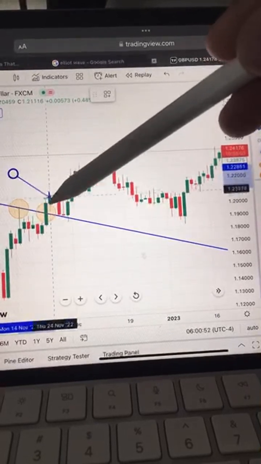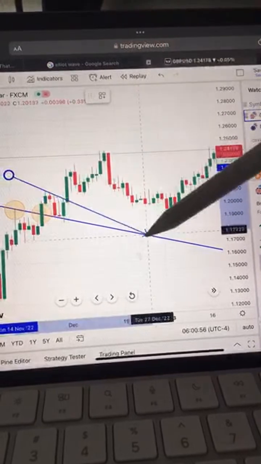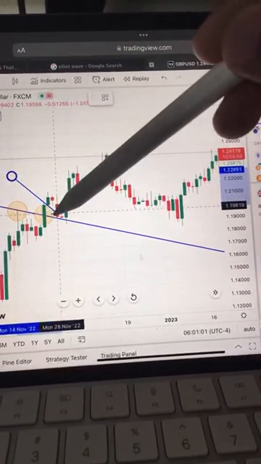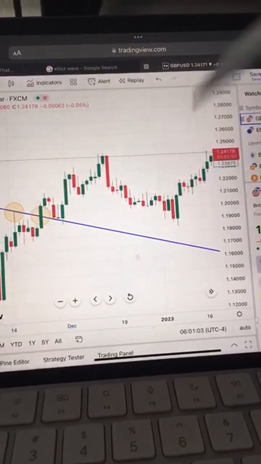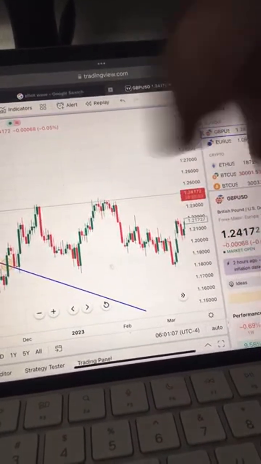Yes, we will expect a pullback, but a pullback doesn't have to cross this trend line, which we call a last case. At the moment, we have a confirmation.